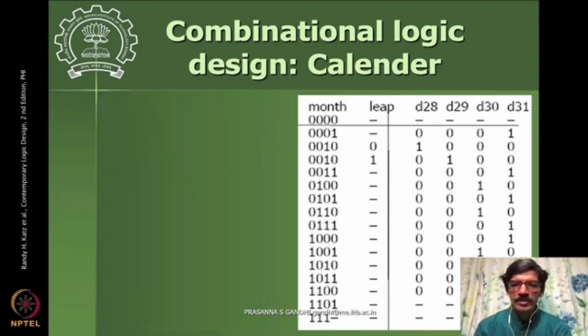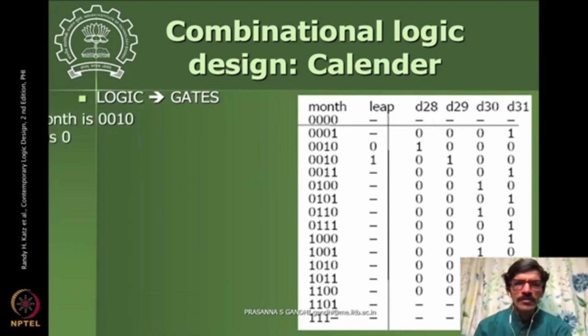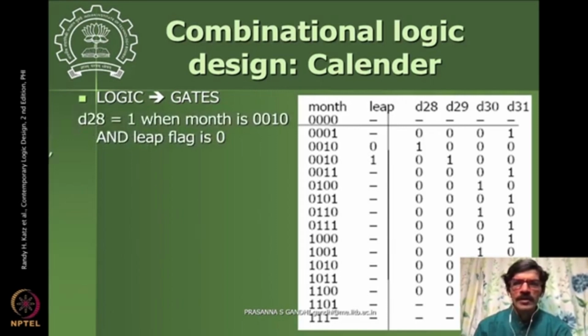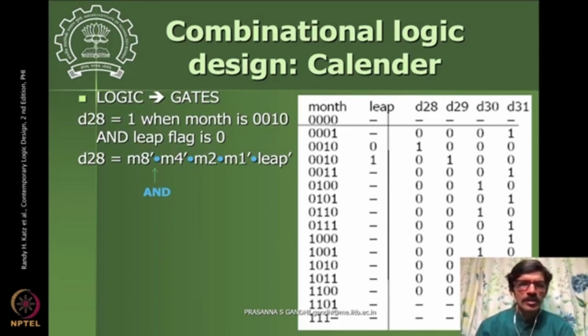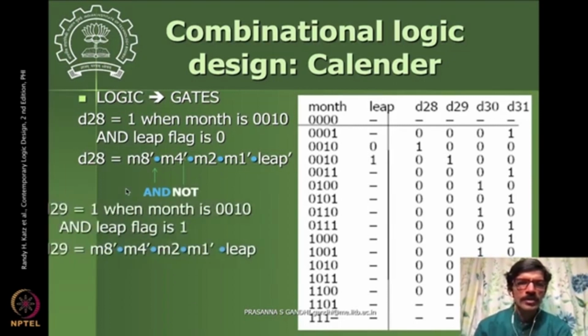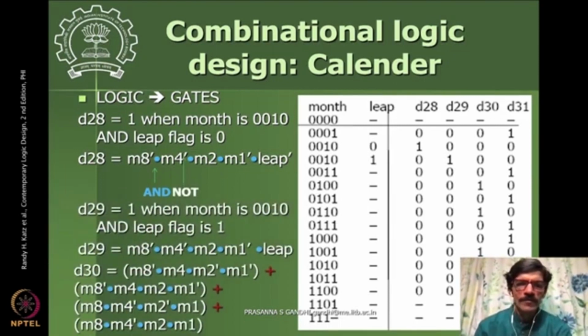Okay, and like that, this is a sum of products kind of rule that I have used here to get the output for D28. Then it is a combination of AND and NOT gates. So you get all these things developed here, and you finally express everything as logic expressions.